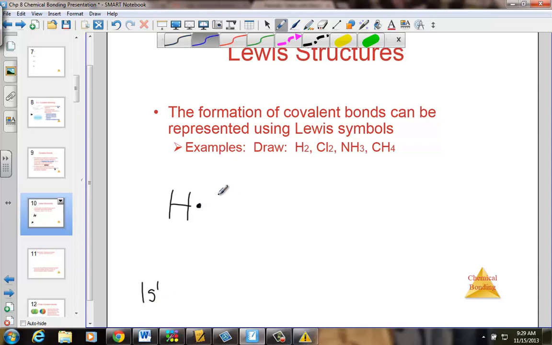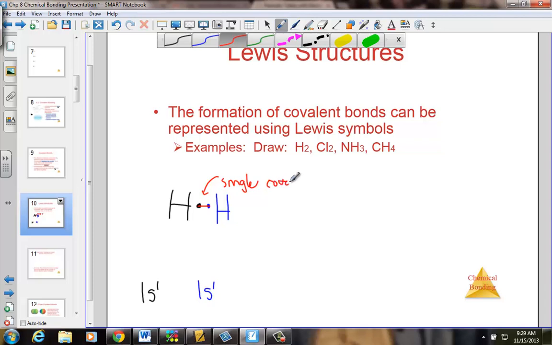The second hydrogen in the molecular form also has its 1s electron, placing it in its valence shell of s, and the shared pair is drawn with a solid line between those dots, a shared pair of electrons, a single covalent bond.